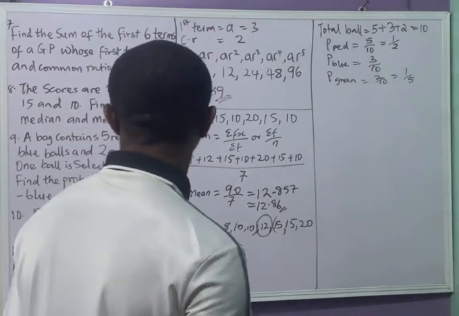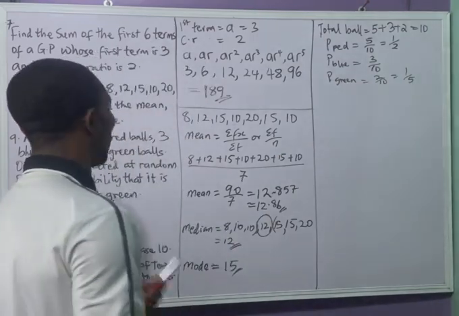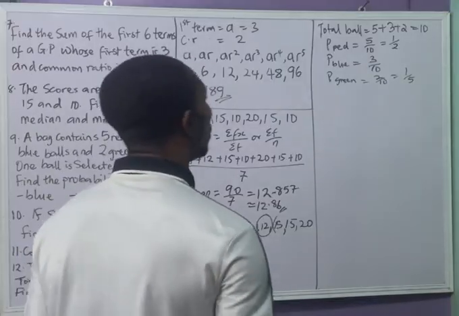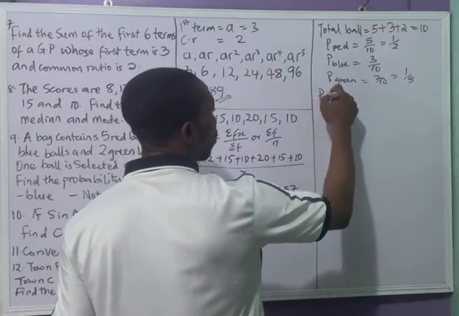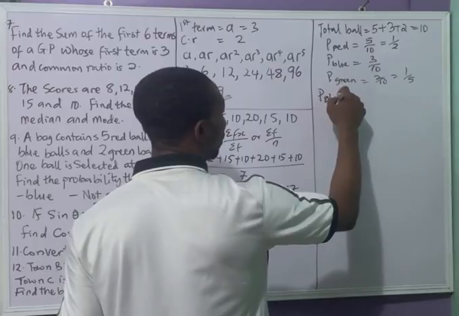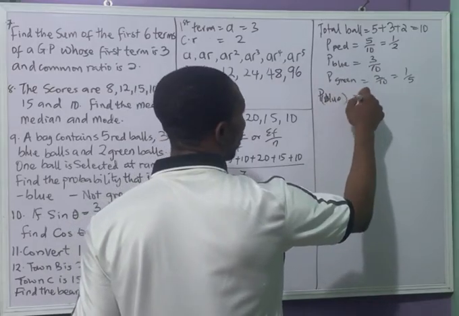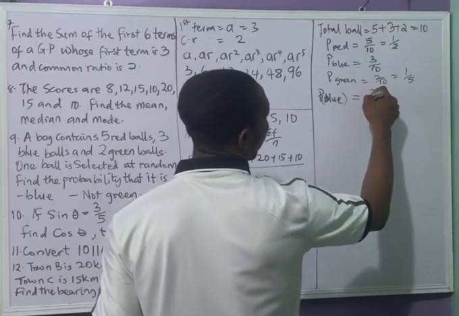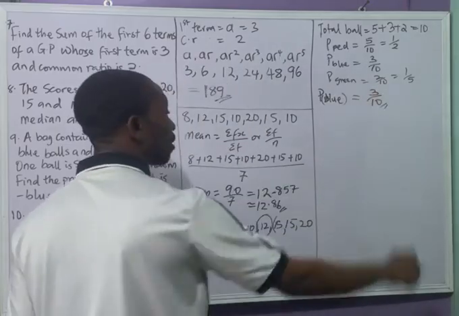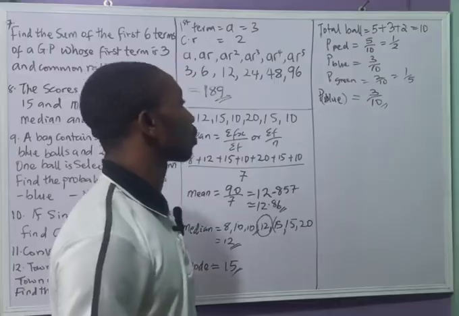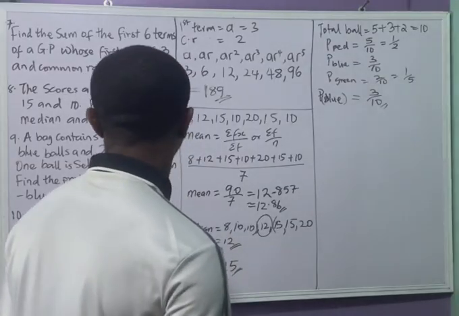Now they said, what is the probability that it is blue? So probability of blue equals 3 over 10. That's for the first question.